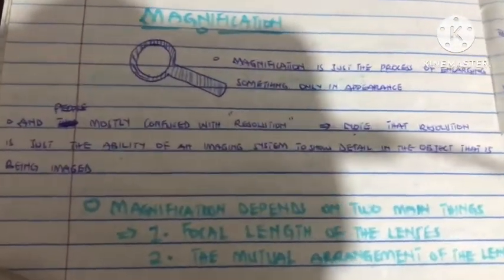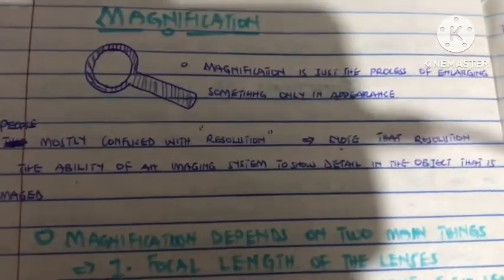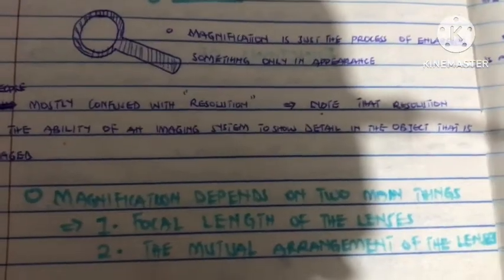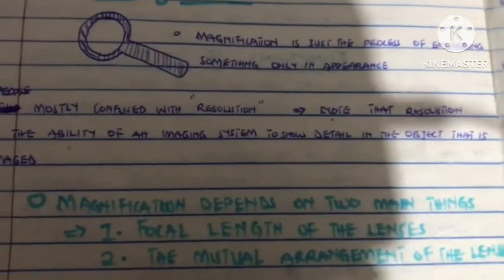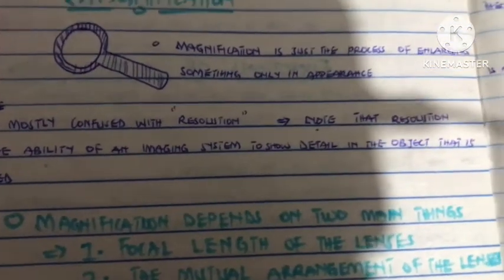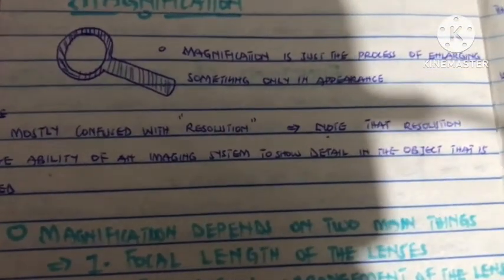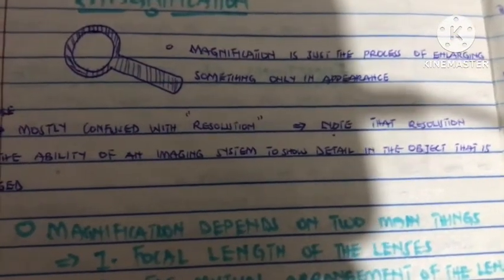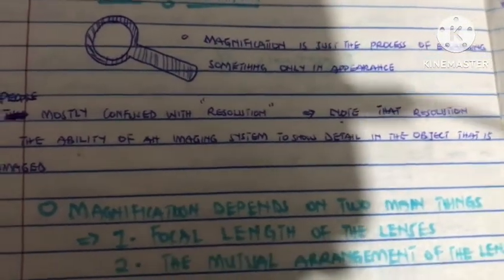So that is it. The magnification we are talking about depends on two main things. One, the focal length of the lenses. The microscope consists of lenses. We have the eyepiece lens and the objective lens.